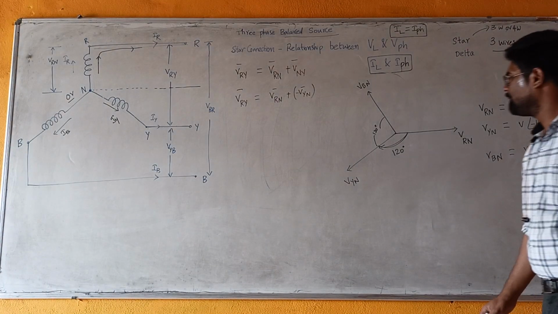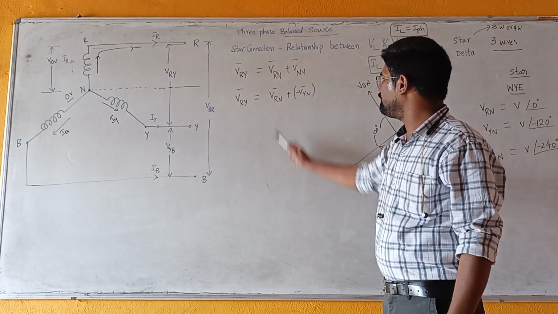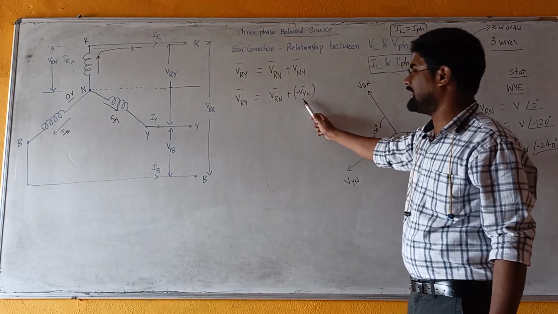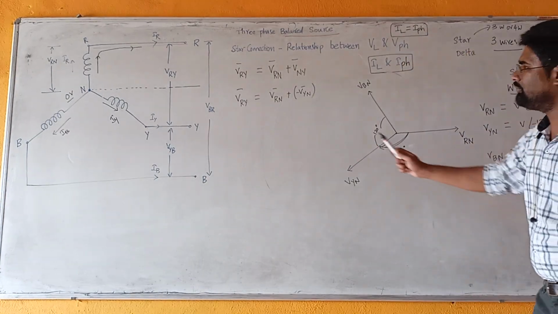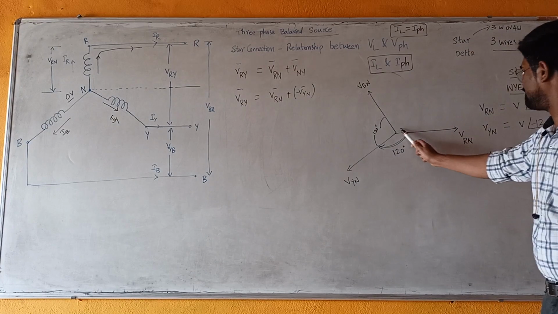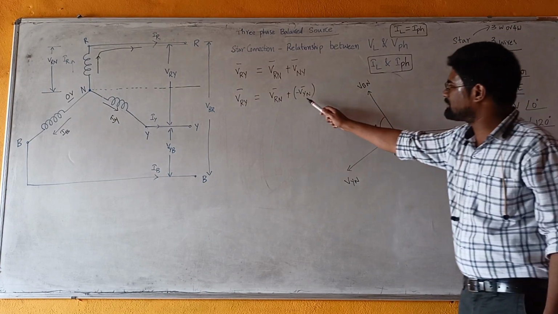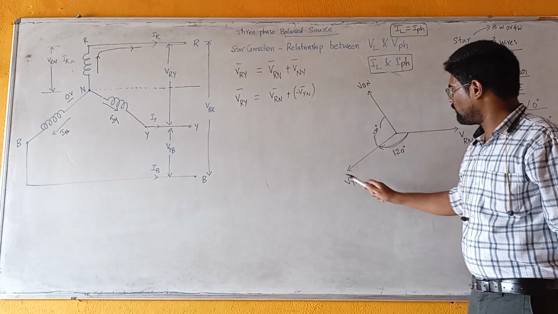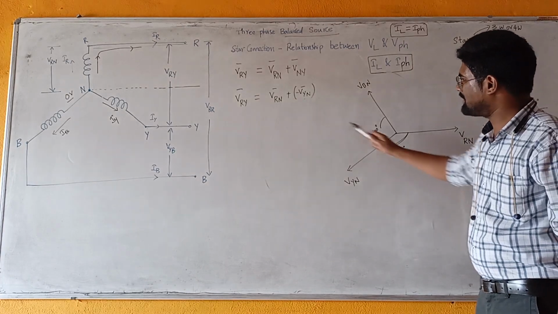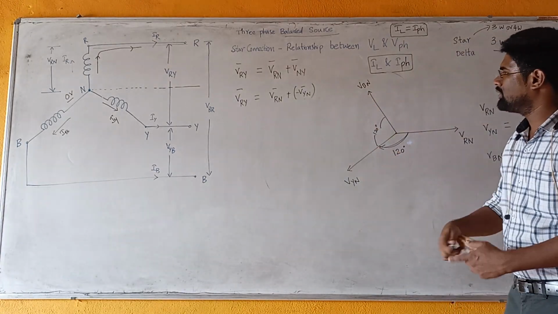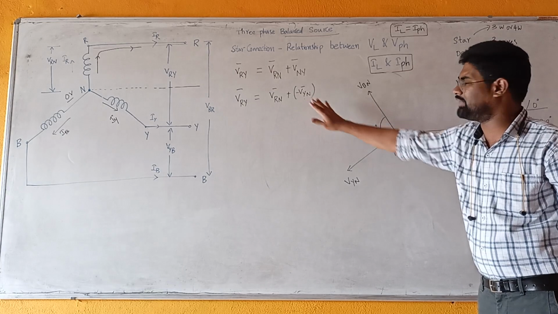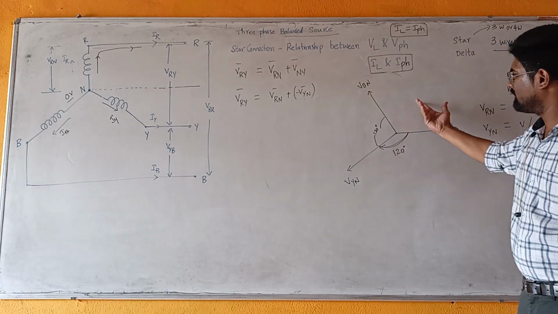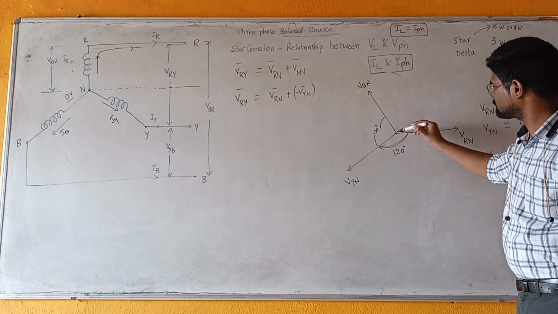Now we have to represent VRN minus VYN in this phasor diagram. VRN is already there in the phasor diagram. Now what is minus VYN? We have VYN here, but here it is minus VYN. To get minus VYN, we will reverse the VYN vector.